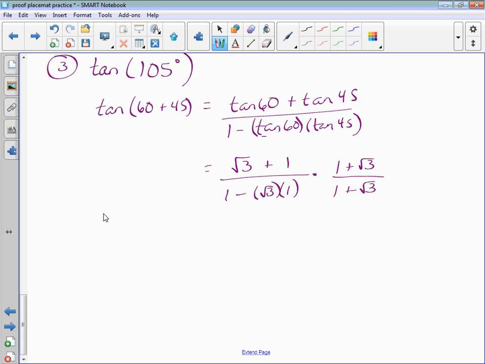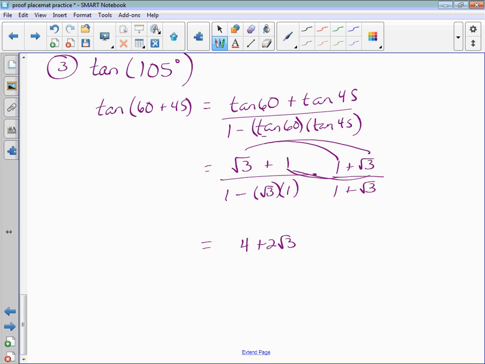Okay, so my numerator, if I multiply this out, I'm going to get √3. I'm going to get a 3. I'm going to get a 1, and I'm going to get another √3. So what do I actually end up with? 4 plus 2√3. Okay. Are you guys okay with that?